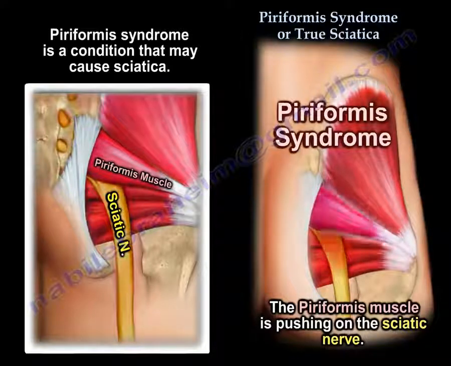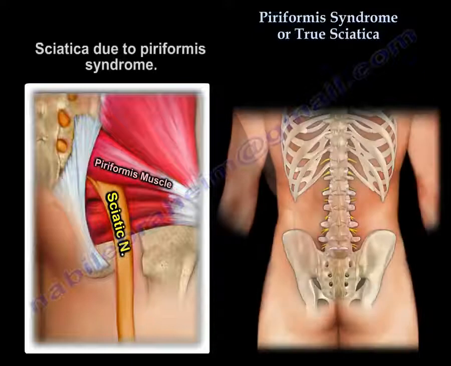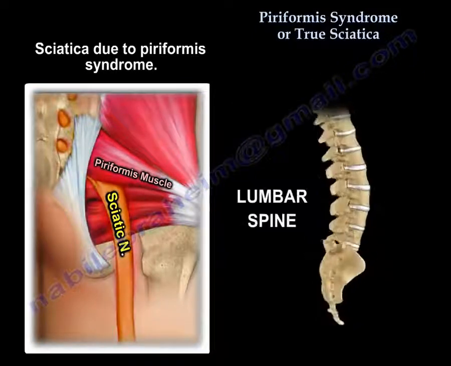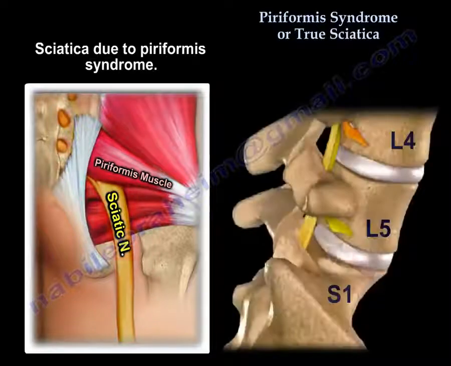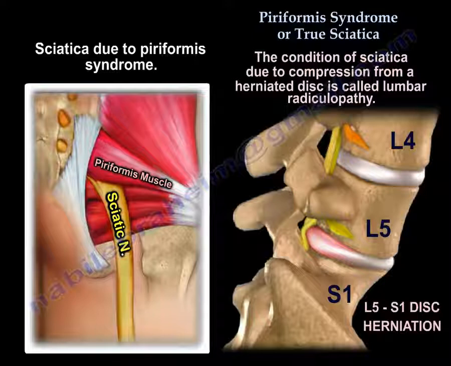So in this case, we call the condition piriformis syndrome. The diagnosis is piriformis syndrome. But if the sciatica, which is a symptom, comes from a herniated disc, then we call it herniated disc, and we call the condition of the sciatica lumbar radiculopathy.